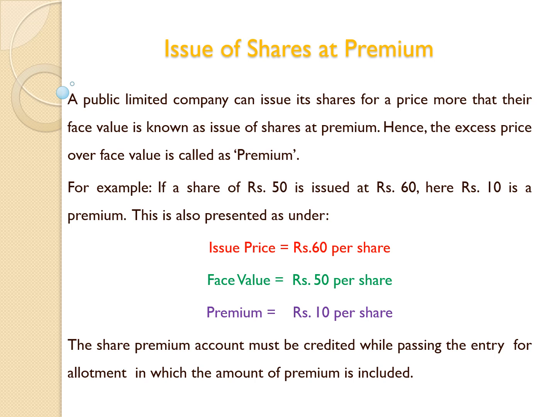ESOP shares at par means a share of rupees 10 is issued for rupees 10. Another example, a share of rupees 50 is issued for rupees 50. In this case, no question arises about premium or discount.